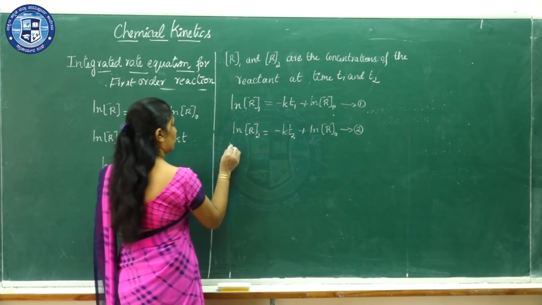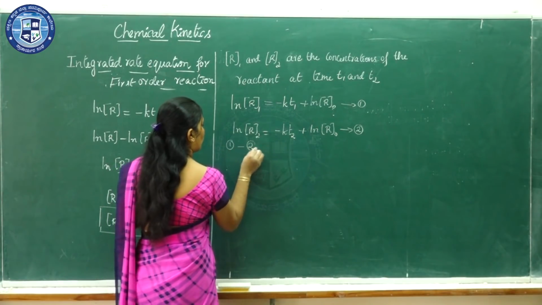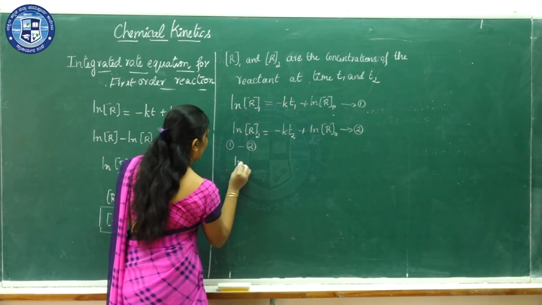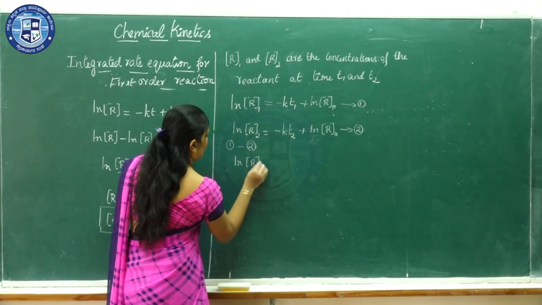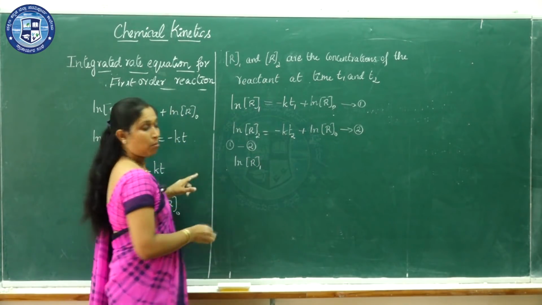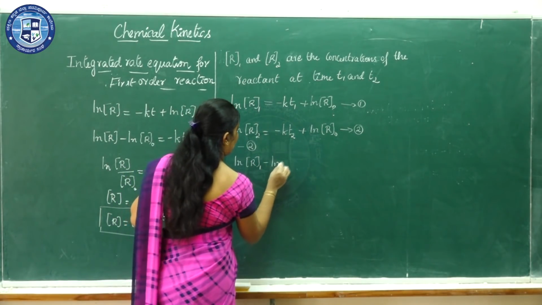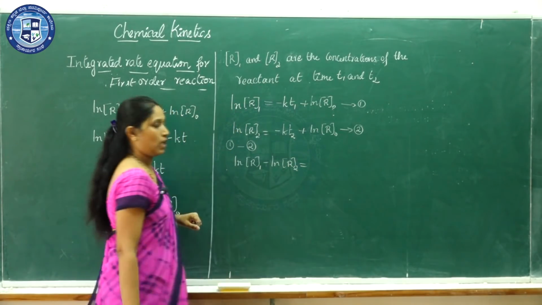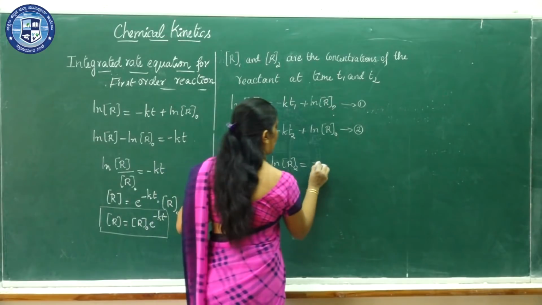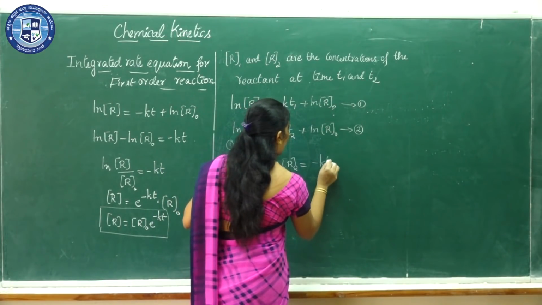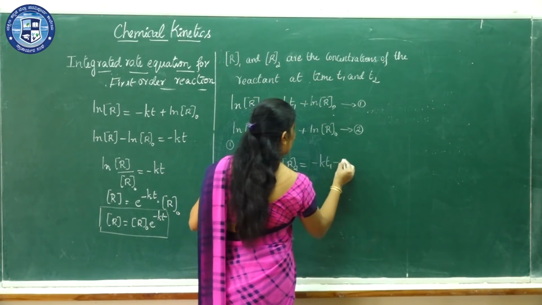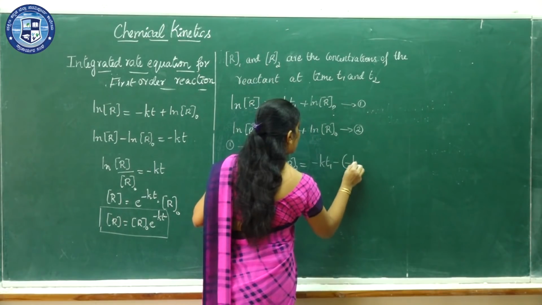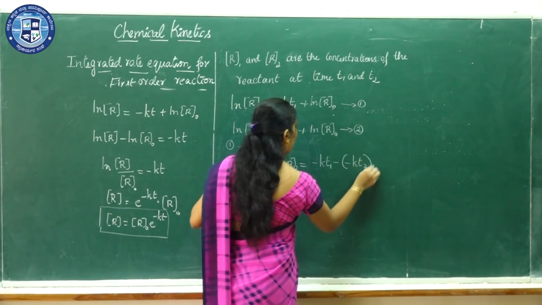Now I will subtract 2 from 1. So ln R1 minus ln R2 is equal to, what happens now? Let us see: minus kT1 minus, minus kT2. You understood this?